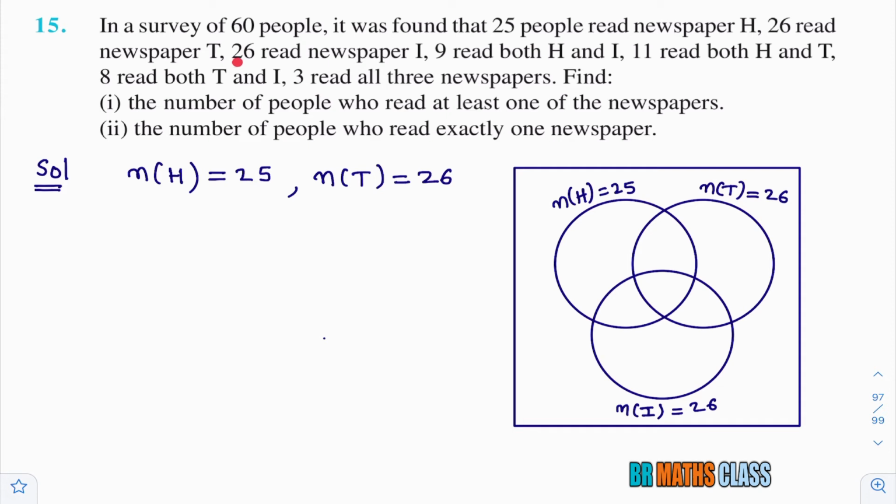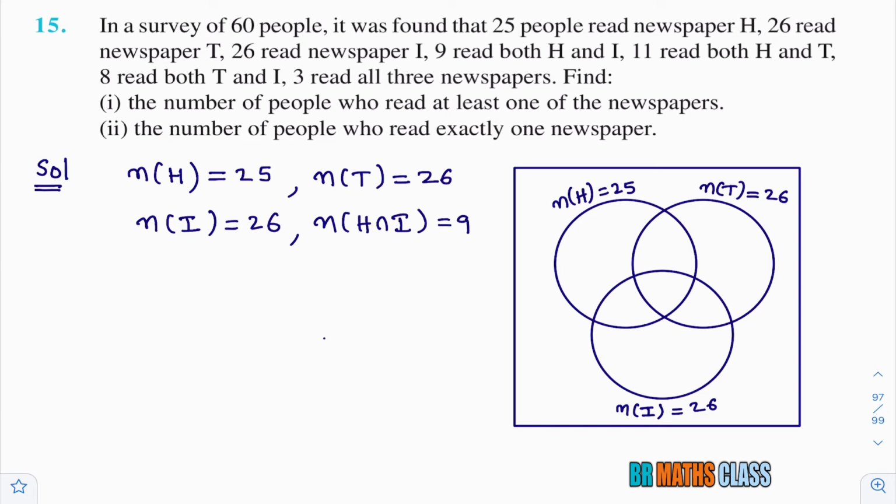After that they gave that 26 read newspaper I. n of I is given as 26. Now, if you observe further, 9 read both H and I. That means n of H intersection I equals 9.